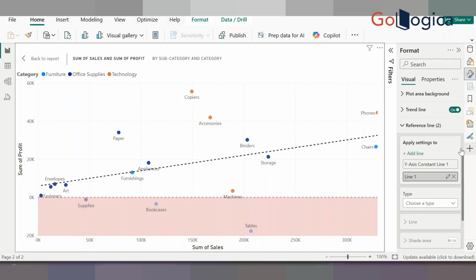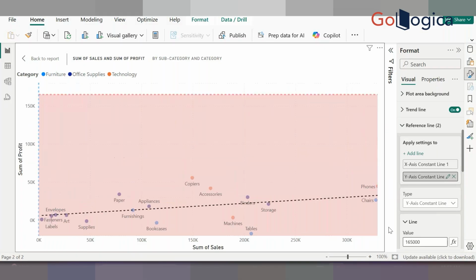So I want to add a line, and I just want to say this line is going to be a constant line on your x-axis. And then say constant, you can give a value 1,65,000.